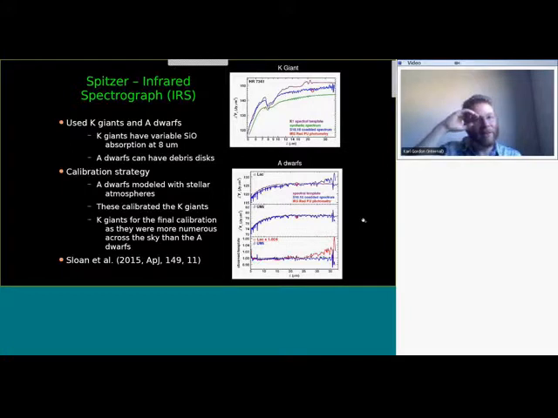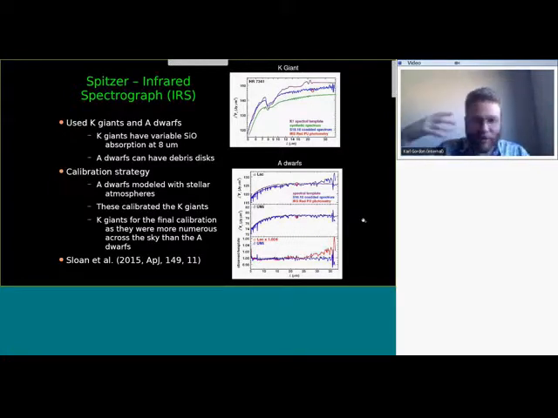Okay, how about the Infrared Spectrograph? This again uses K-giants and A-dwarfs, very similar. K-giants have an issue, which is a variable SiO absorption band at 8 microns. That's particularly hard to model, and in fact, the IRS observations showed that it is challenging.